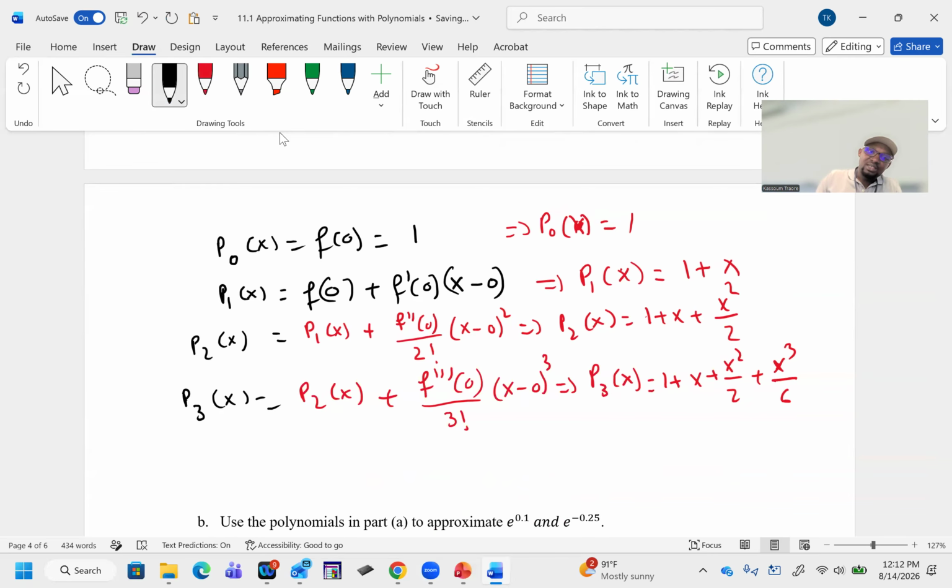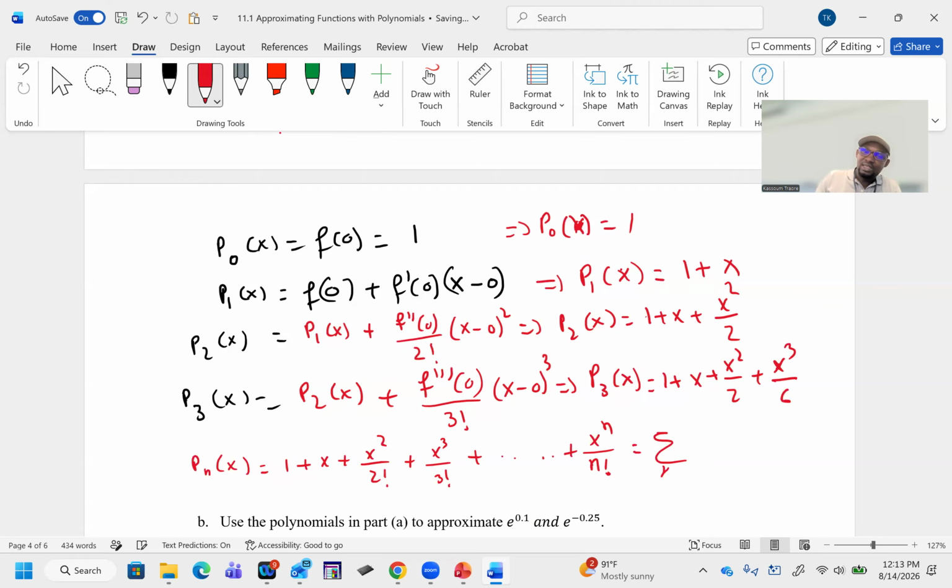But if we follow this pattern, P sub n of x will just be 1 plus x plus x squared divided by 2 factorial plus x cubed divided by 3 factorial plus, until, plus x to the power of n divided by n factorial, which is equal to the sum from k is equal to 0 to n of x to the power of k divided by k factorial.